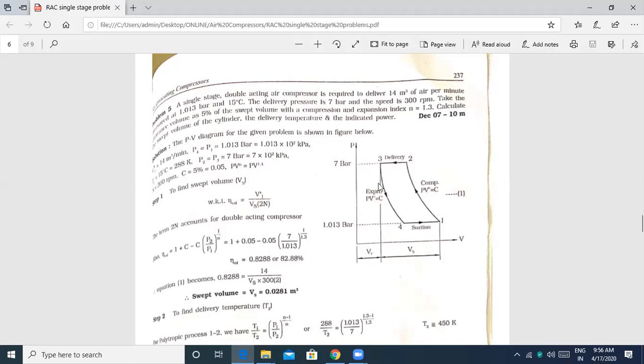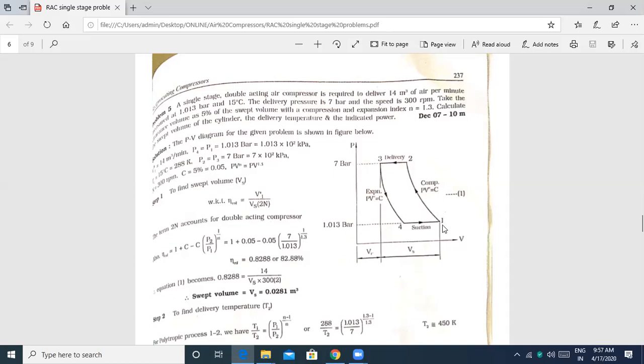Air is required to deliver 14 meter cube of air per minute. P1 is given, 1.013 bar, and V1 is given, 14 meter cube per minute, the volume of air delivered at 1.013 bar and 15 degrees Celsius.